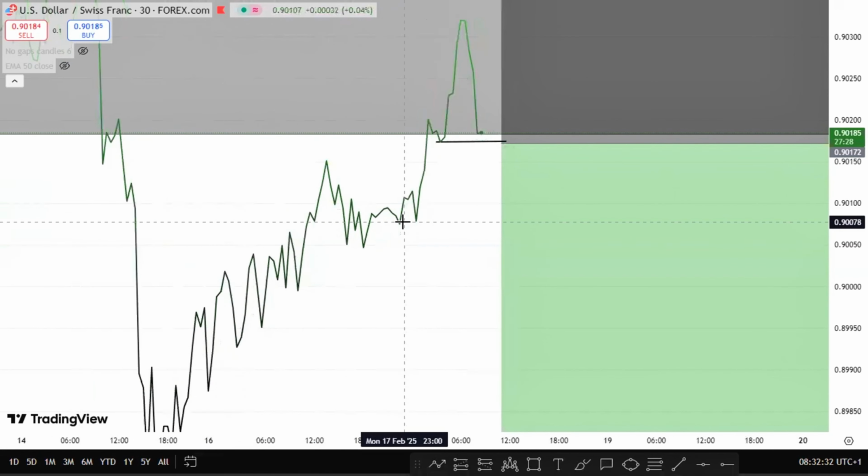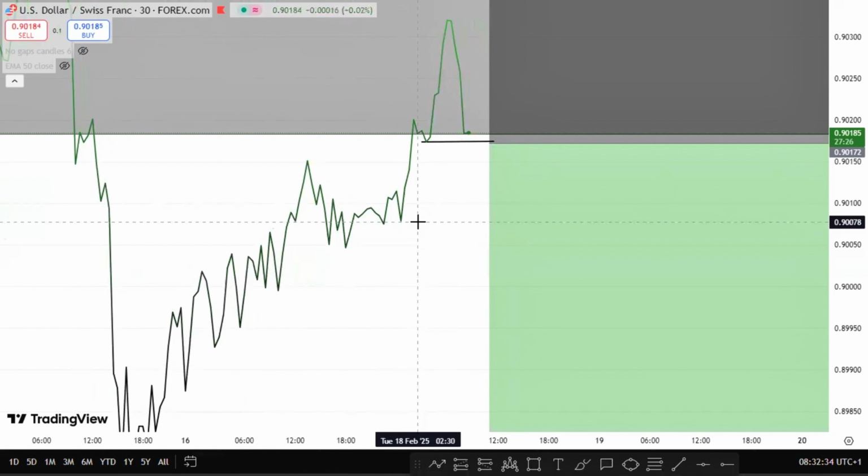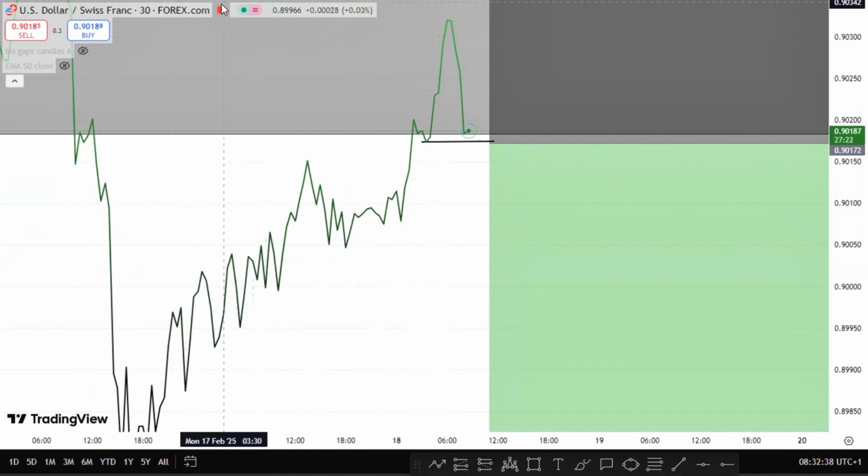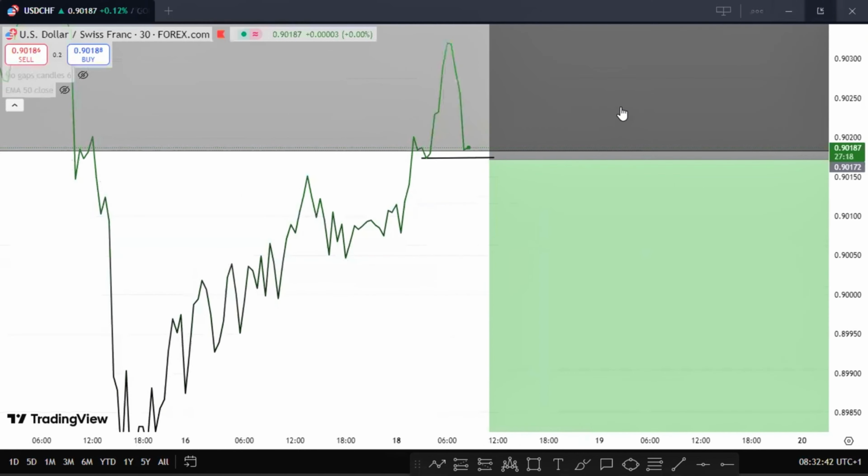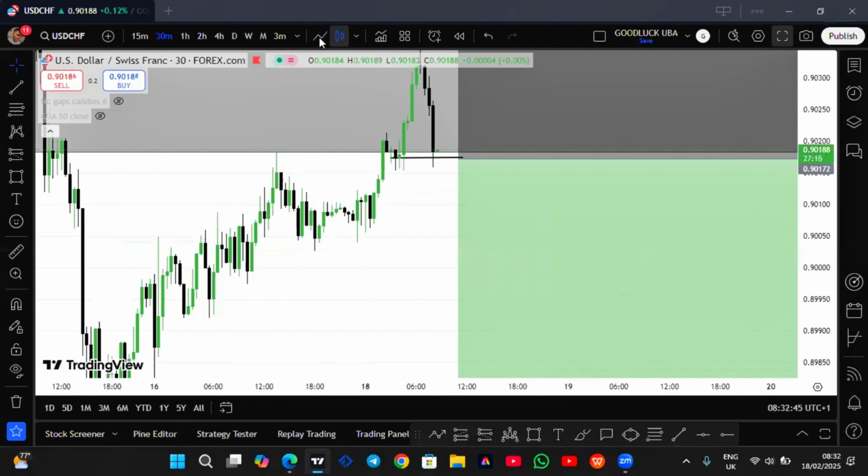The candlestick chart can be confusing, but it shouldn't confuse you when you're used to it. Price has not closed below this level, but on the candlestick chart you see the wick beneath the level. So until a full body candle closes below this level, that's when I'll have my entry.